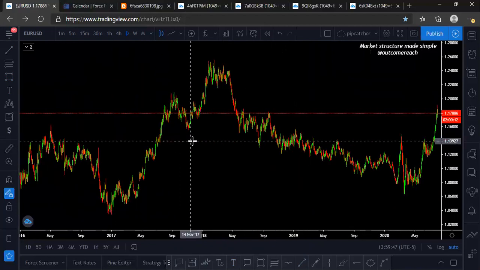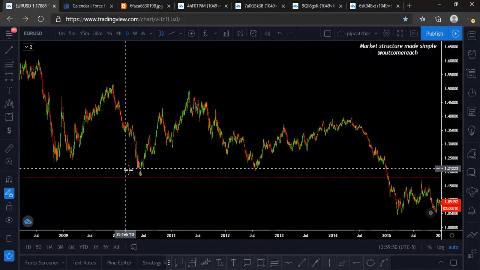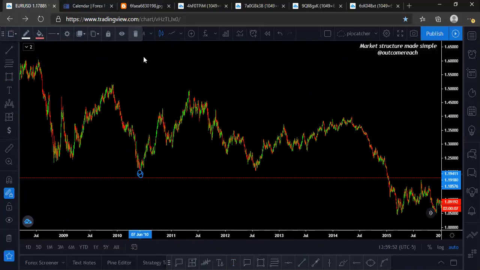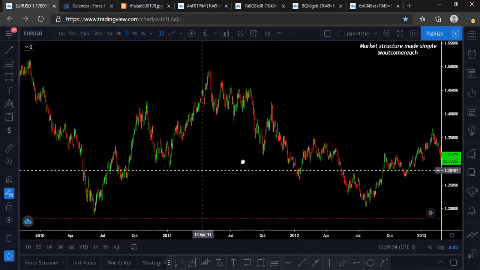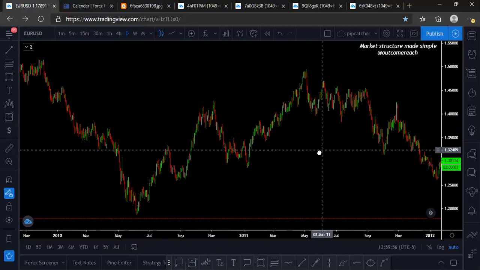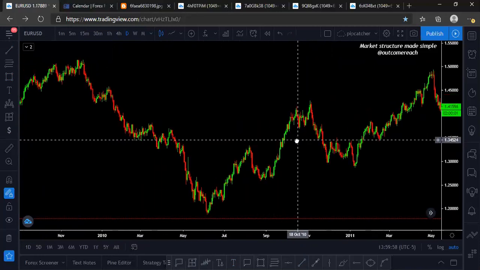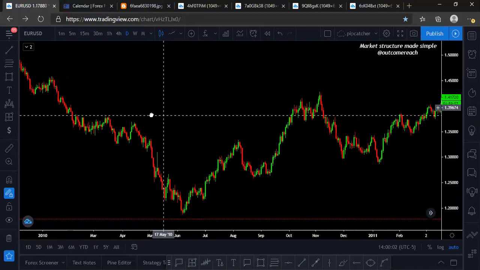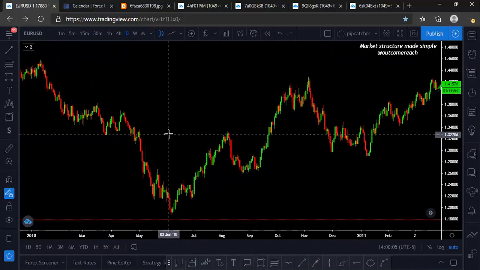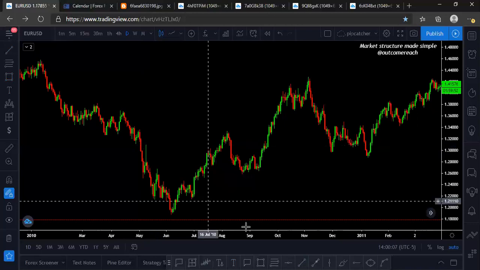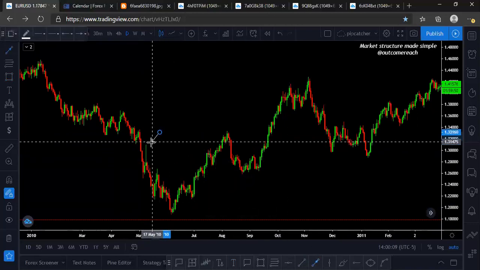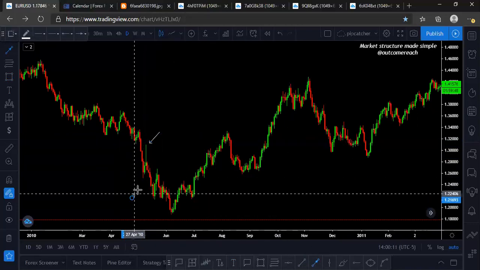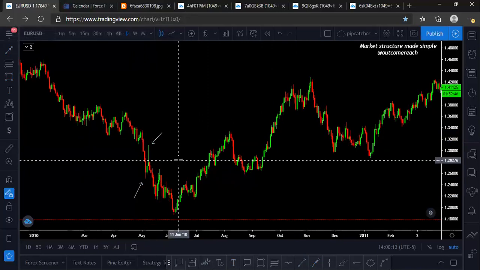So I'm on Euro USD on the daily time frame right here, and we will just start right in this area. So the market came down, was downtrending, and we have this high point right here, and then this low point here.